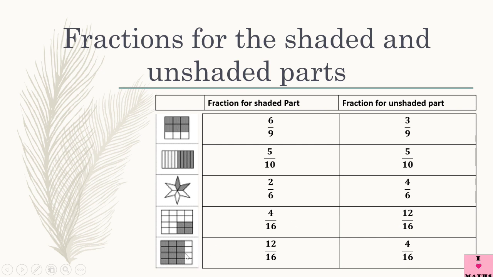In the last figure, the total parts are 16. Out of these, 12 have been shaded. So the fraction for the shaded part is 12 upon 16 and the fraction for the unshaded part is 4 upon 16.